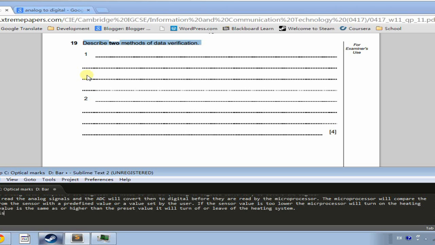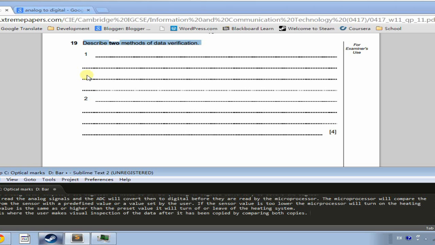So visual check is where we say user makes a visual inspection of the data after it has been copied. Yep, so we would just be doing a check between our original document and the place that we've copied it to. You could say by comparing with copies, just to be clear.